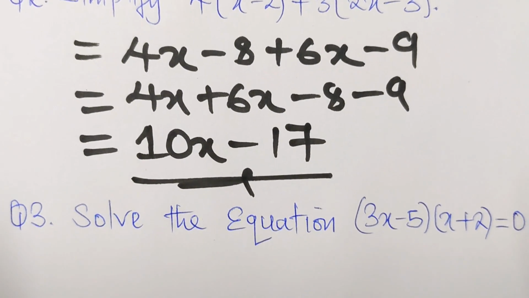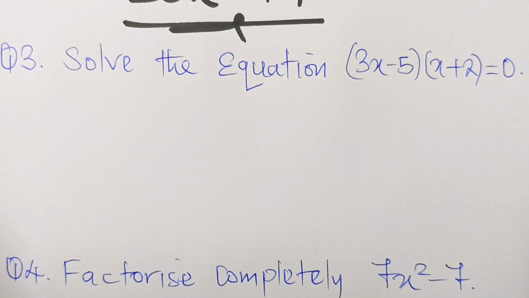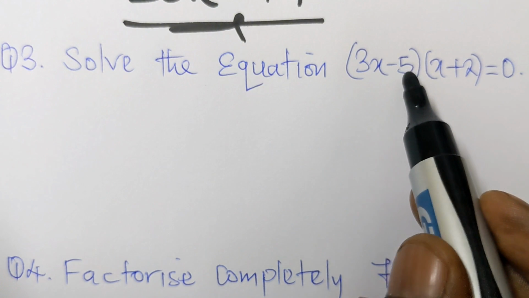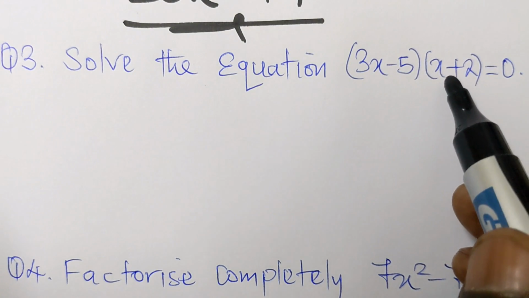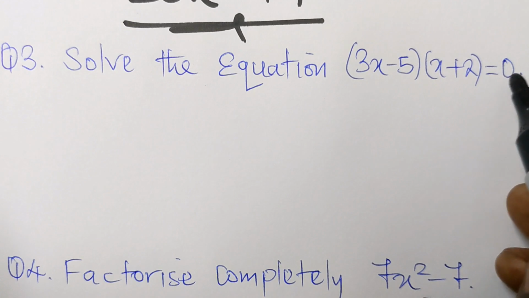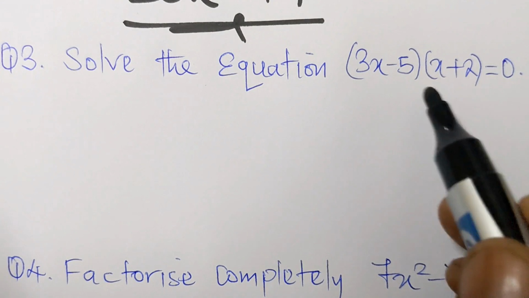Then we go to question 3, which is solve the equation (3x - 5)(x + 2) = 0. So this here is a quadratic equation.